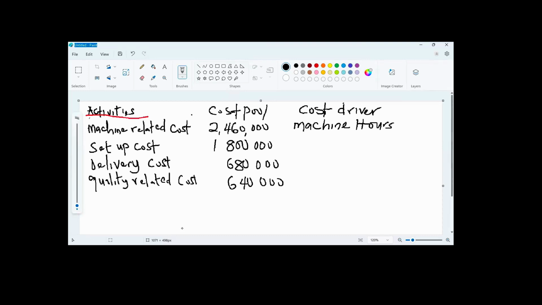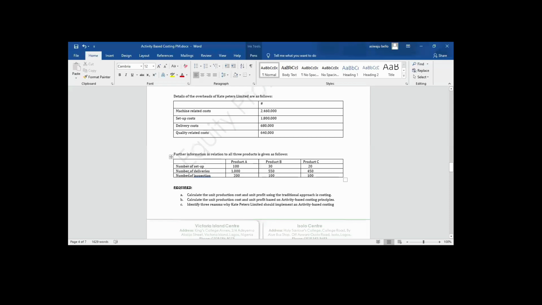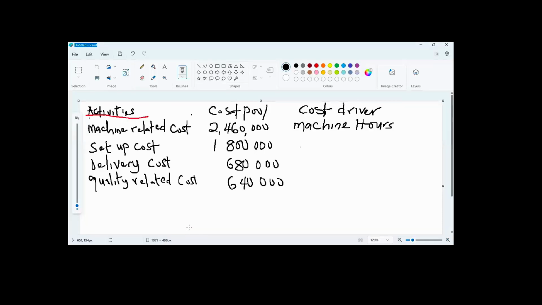Look at setup. The cost driver is the number of setups. The more you set up the production process, the more setup cost you incur.